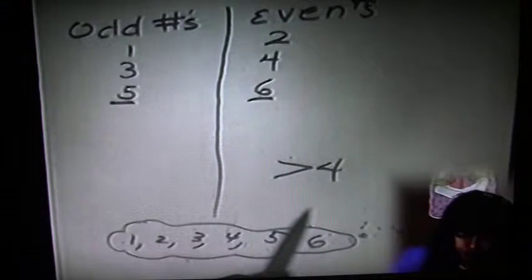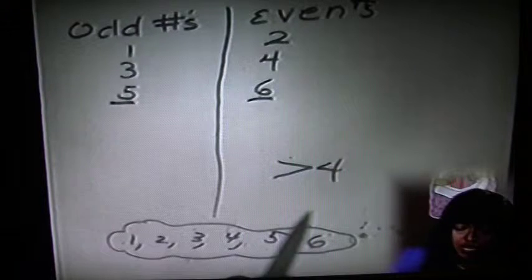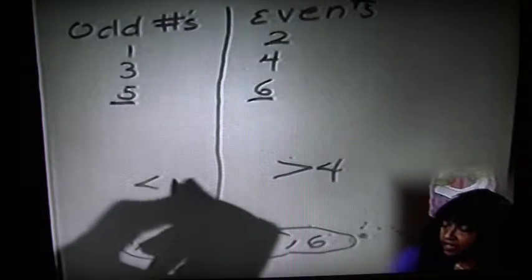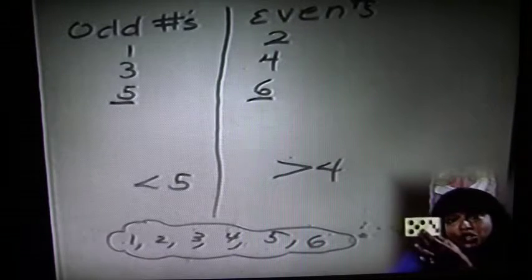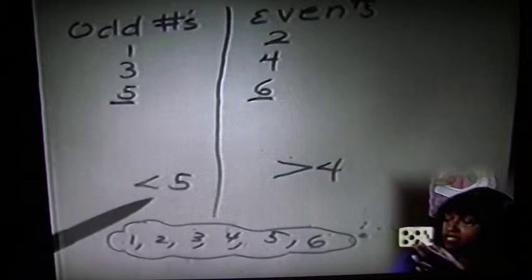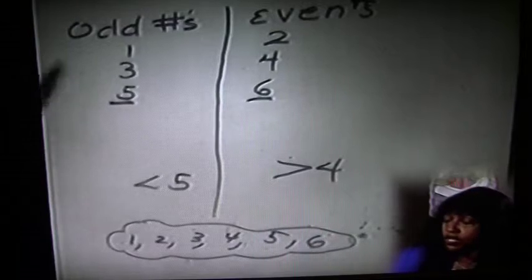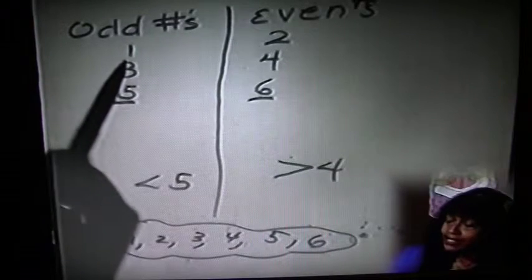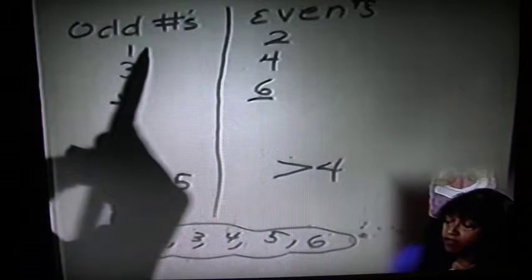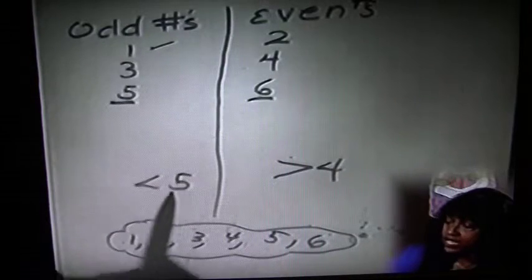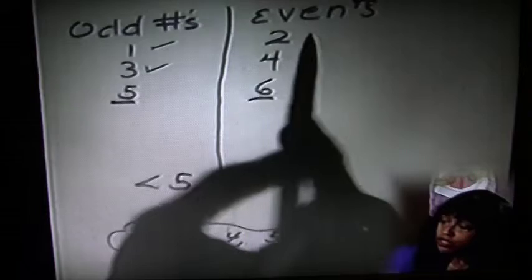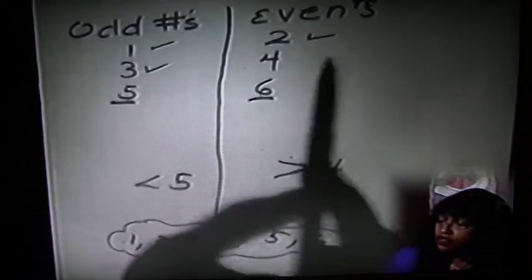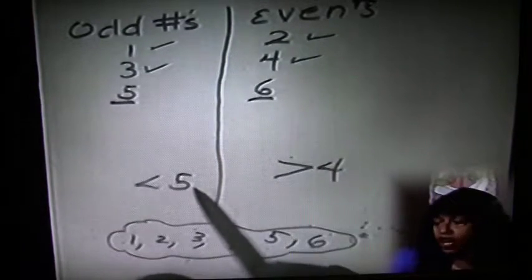What would be the probability of getting numbers less than 5? Well, if we toss this cube, to get numbers less than 5, we look at the numbers in our listing. We have 1 is less than 5, 3 is less than 5, 2 is less than 5, and 4 is less than 5.